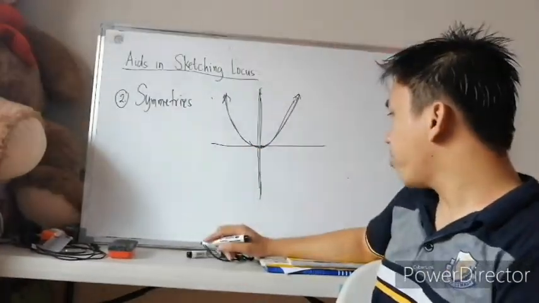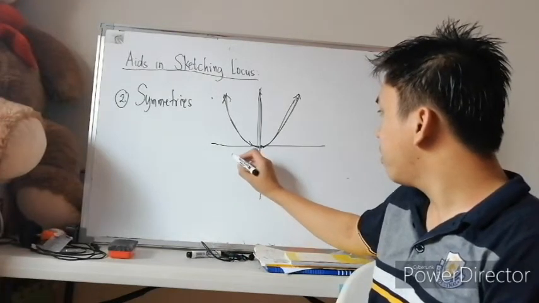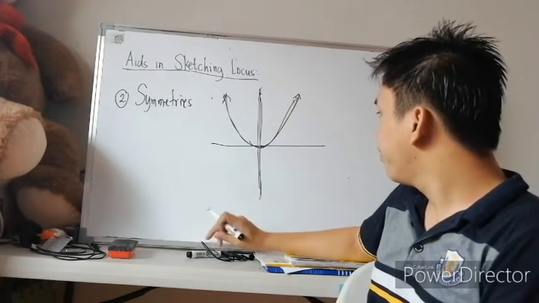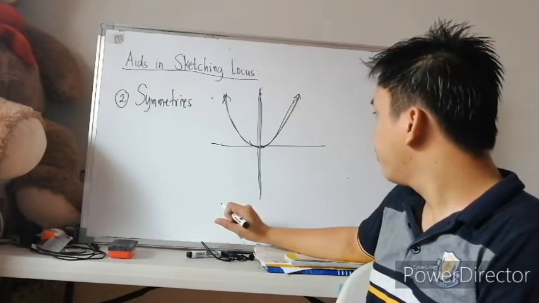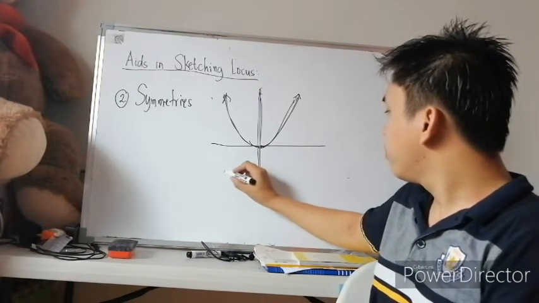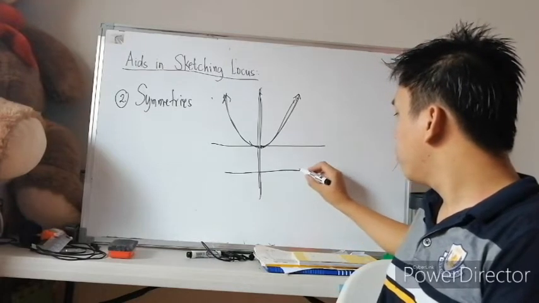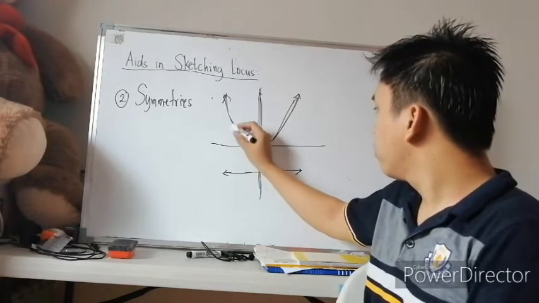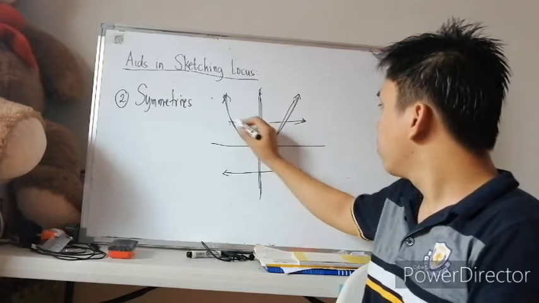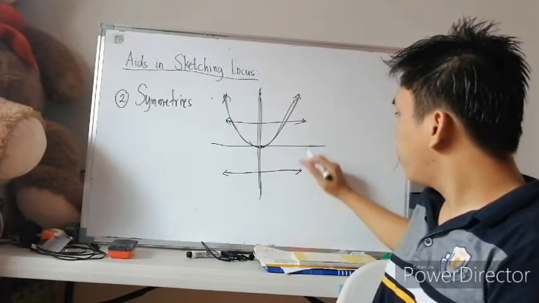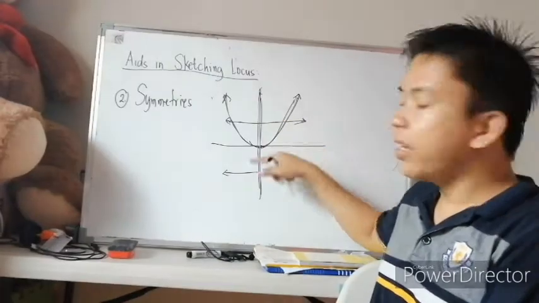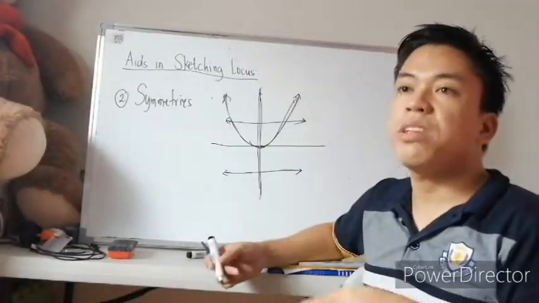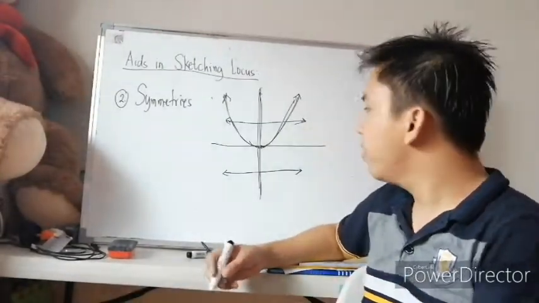If you have a graph like this, and there is a reflection of this graph to the other side, then this graph is symmetric with respect to the x-axis.